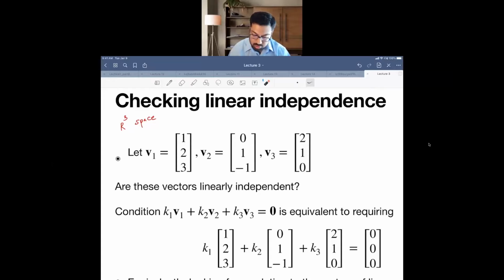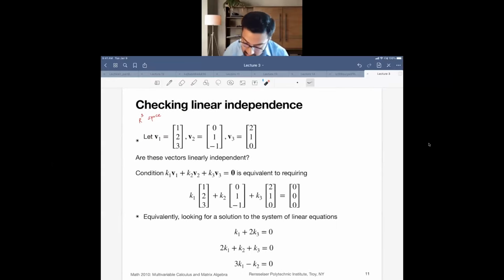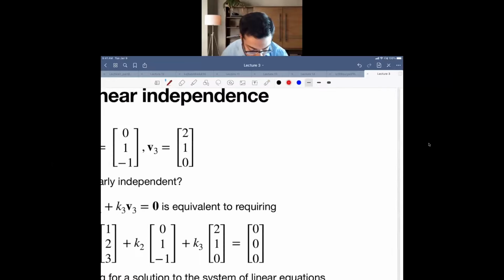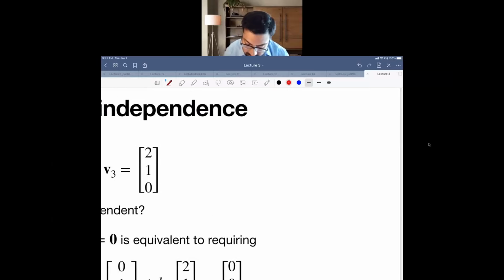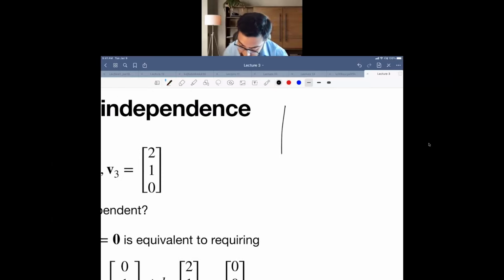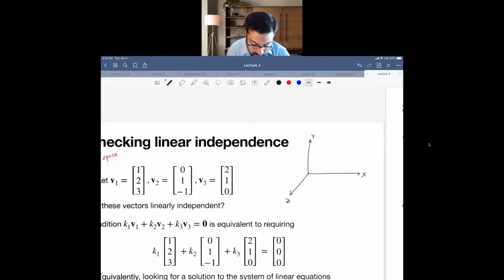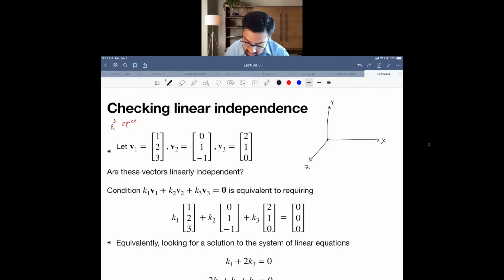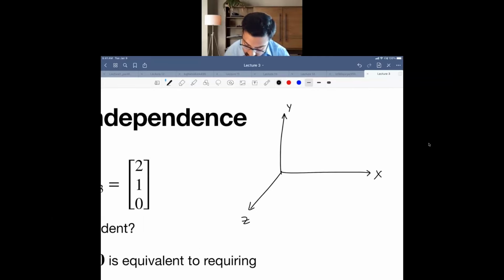And you can also start sketching these out, right? For example, if you wanted to sketch 1, 2, and 3, you have a three-dimensional space, x, y, and z. So in this case, you are going 1 on x, 2 on y, 3 on z, and that particular point, that vector, is going to be your v1 vector.